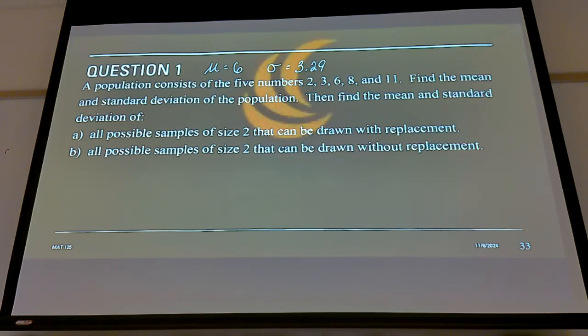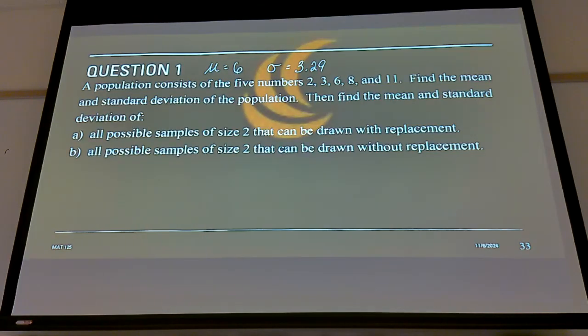2 with 2, 2 with 3, 2 with 6, 2 with 8, 2 with 11, 3 with 2, 3 with 3, 3 with 6, 3 with 8, 3 with 11, 6 with 2, 6 with 3, 6 with 6, 6 with 8, 6 with 11, 8 with 2, 8 with 3, 8 with 6, 8 with 8, 8 with 11, and then 11 with 2, 11 with 3, 11 with 6, 11 with 8, and 11 with 11.